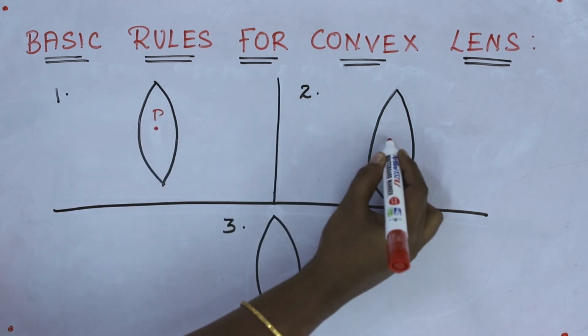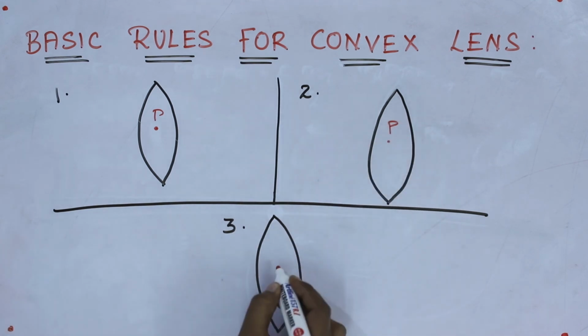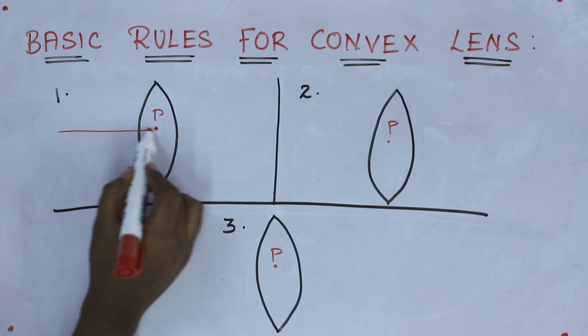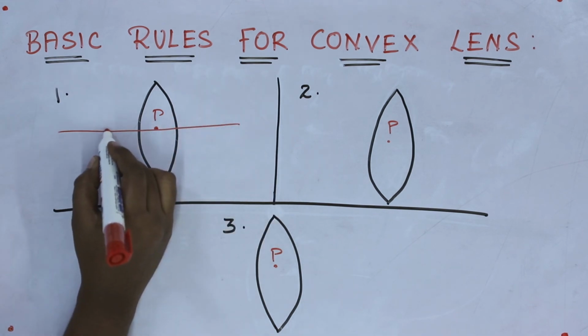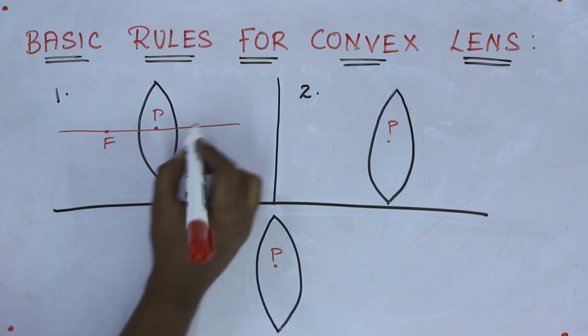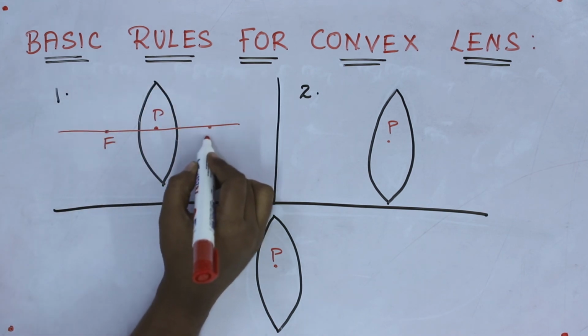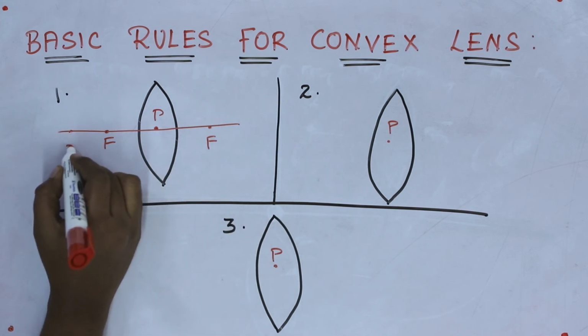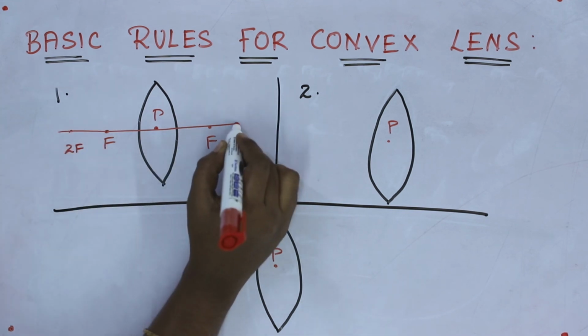I am drawing the line, the principal axis. This is the principal focus for this spherical surface, and here is one principal focus for the other spherical surface. And this is said to be 2f, which we discussed in the prior class.